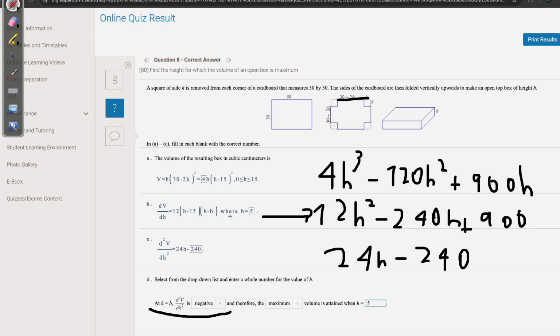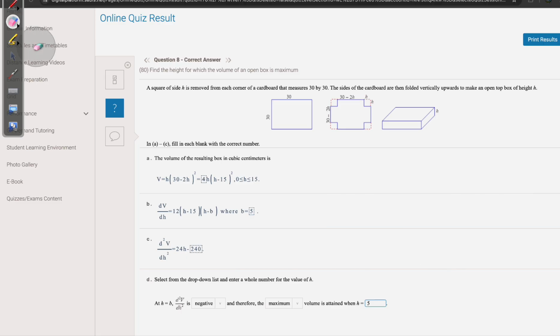So 24 times 5 minus 240, it will be negative. So this means it's a sad face, which means it's a maximum, right? Which as we said is h equals b and b is 5. Done for this question. Number 9.